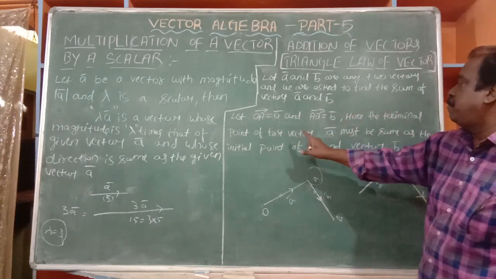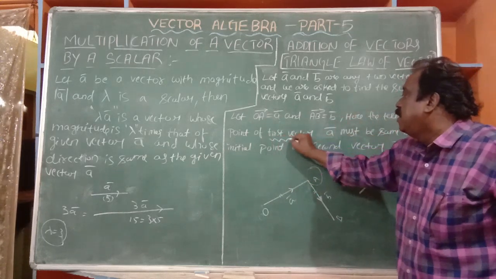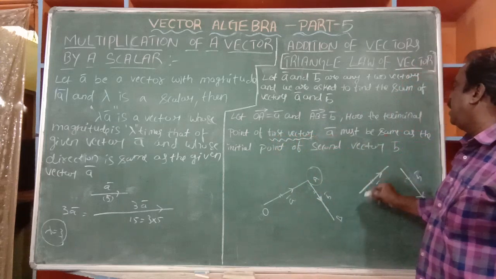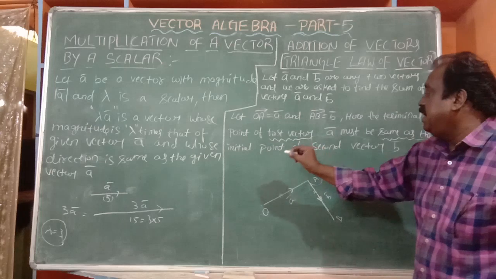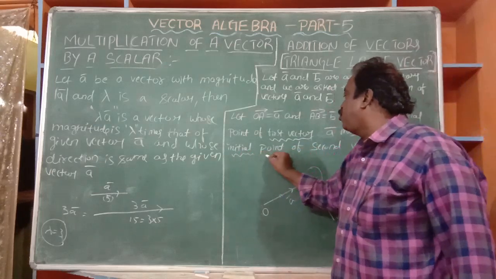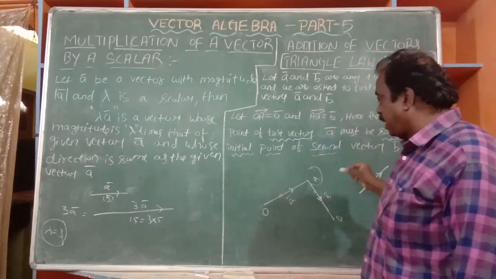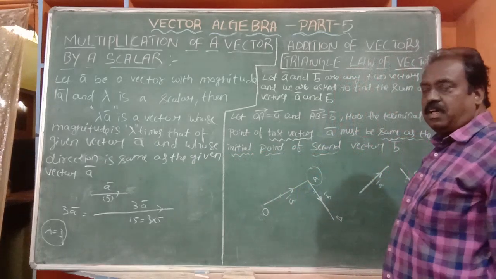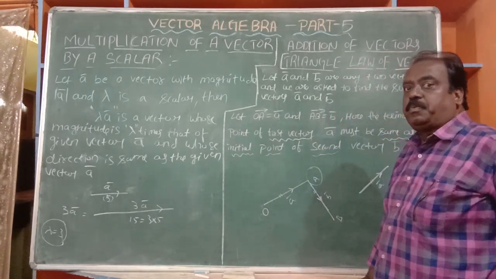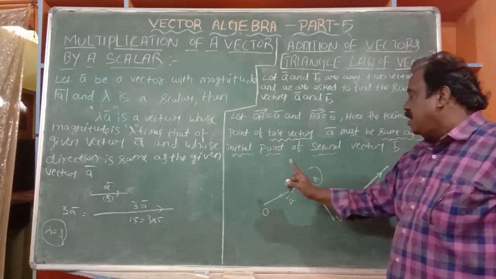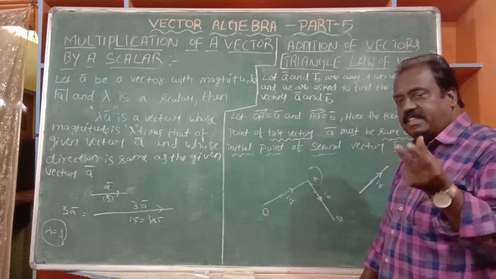The terminal point of the first vector A bar must be the same as the initial point of the second vector B bar. This is important.